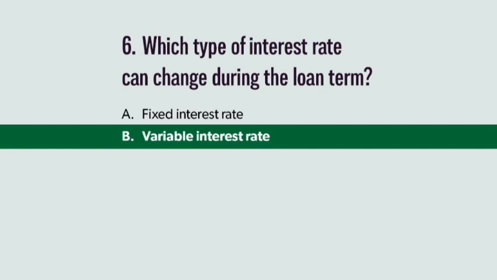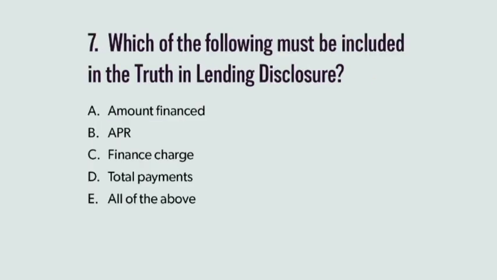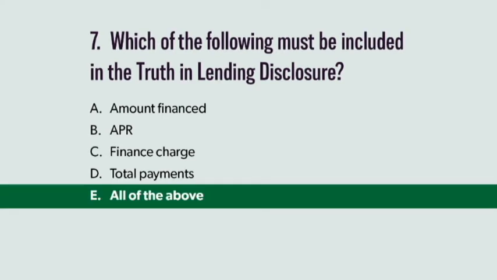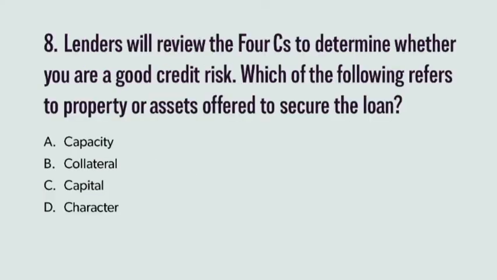Number 7, which of the following must be included in the truth in lending disclosure? A, the amount financed, B, APR, C, finance charge, and D, total of payments. I hope you remember when we talked about this today, that would be all of the above: how much is financed, what the rate is, the finance charge, and the total amount of payments.